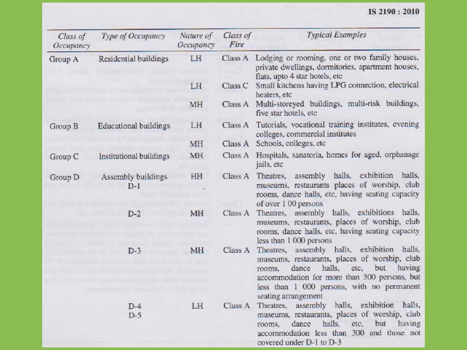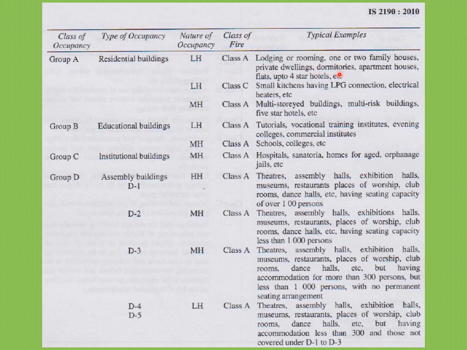The third column shows the type of hazard, low hazard, medium hazard, like that. And the fourth column shows the class A, for which class they are suitable.